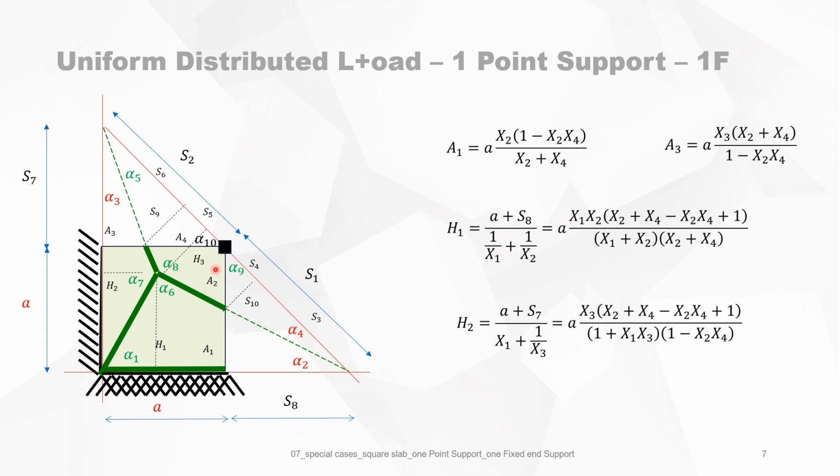You will see H1, for instance, is expressed with the cotangent rule, which is A plus S8, this side, divided by the cotangent of this angle and the cotangent of this angle. So the cotangent is 1 over x1 and 1 over x2. And then S8, we already calculated, and you can express it in function of x1 to x2, 3, and 4. Same happens for H2.